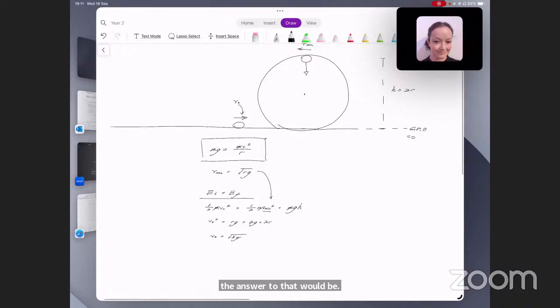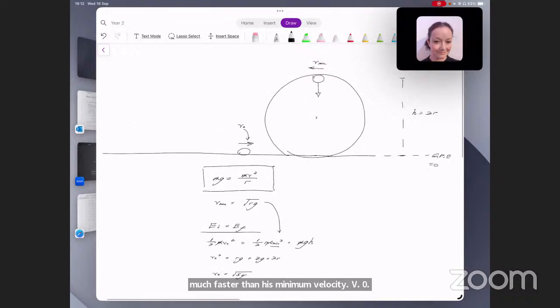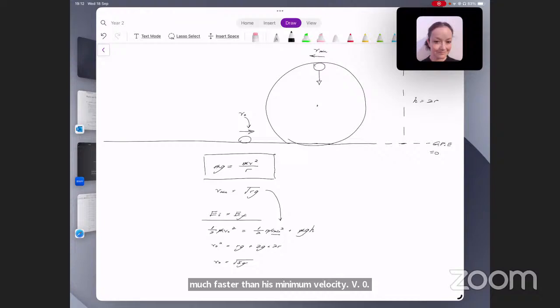And the main reason, I think, is the G forces, or acceleration, Bob experiences if he travels much faster than his minimum velocity V naught. For this question, I thought of putting myself in Bob's car and asking, would I want to go on this loop-the-loop if I was traveling at a really fast speed?